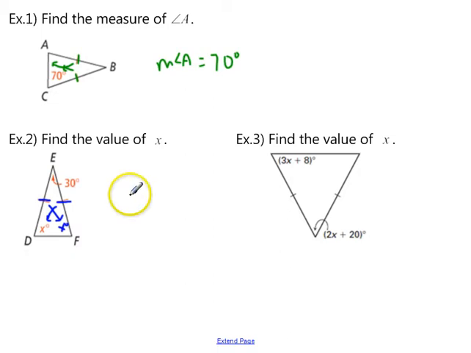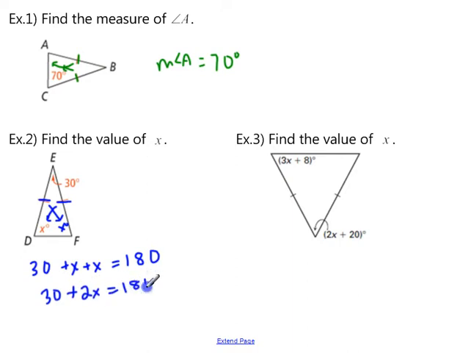And you know the three angles of a triangle add up to 180. So we can take the 30 plus X plus X equals 180. If we solve this equation, we have 30 and then 1x plus 1x is 2x equals 180.